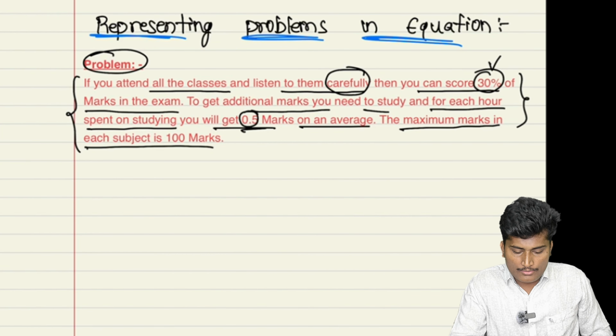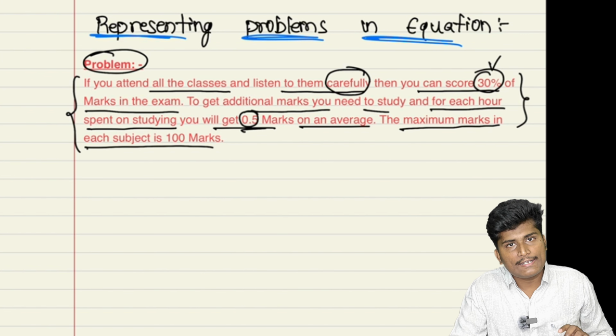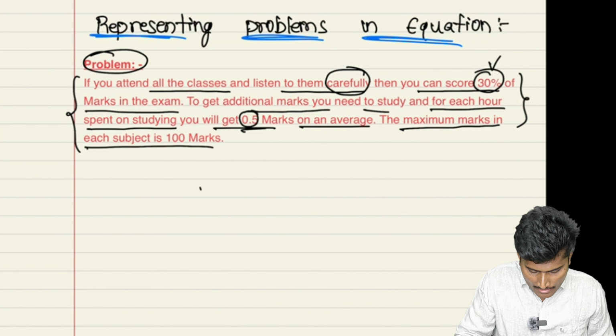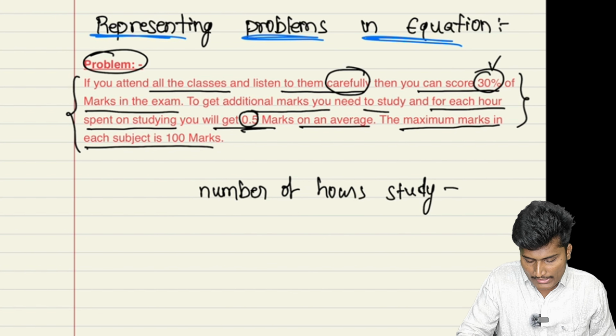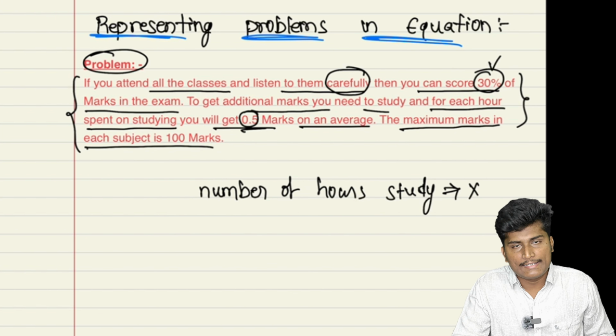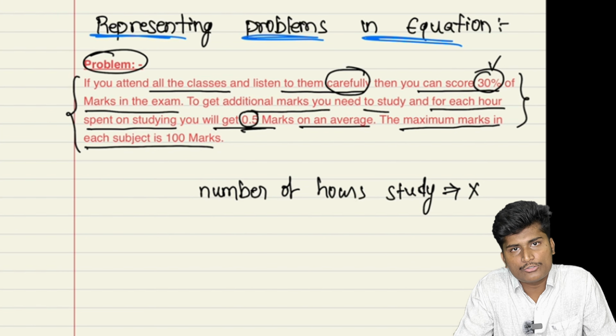Now, what are the variables in this scenario? The variable is the number of hours you are going to study. That will be my x. Let's take that as x because you don't know how many hours you are going to spend studying in the subject.